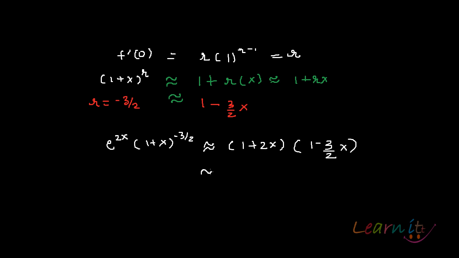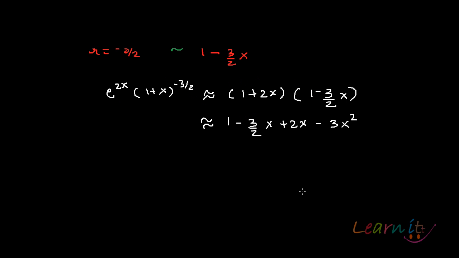Okay, so if you multiply, you get 1 multiplied to 1, 1 multiplied to minus 3 by 2 x, 2x multiplied to 1, so you get 2x, and 2x multiplied to minus 3 by 2 x, so you get 3x square. 2 cancels out 2, and that will give us 1 + 1/2 x - 3x square.